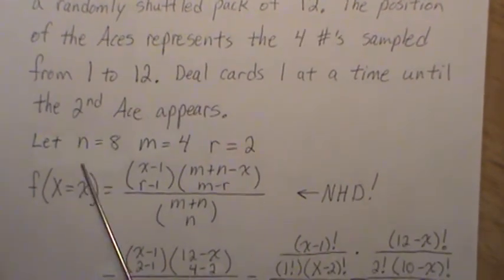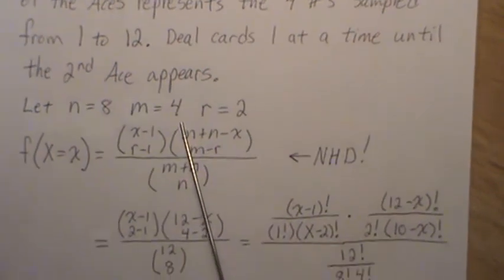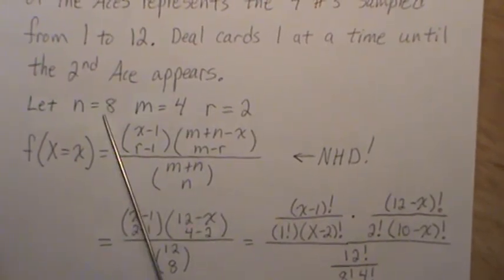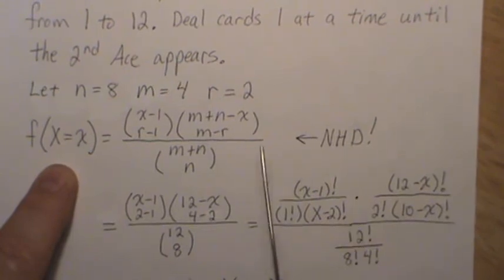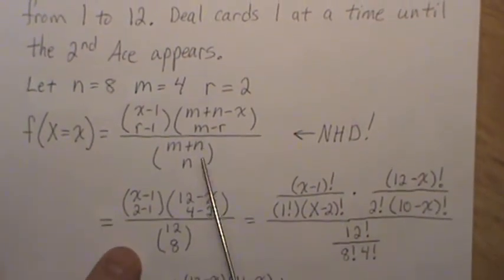So to set it up in this problem, n is 8, m is 4, and r is 2. We want to stop after the second ace. There are 4 aces and 8 other cards. The probability distribution for the negative hypergeometric distribution is this, so let's plug them in.